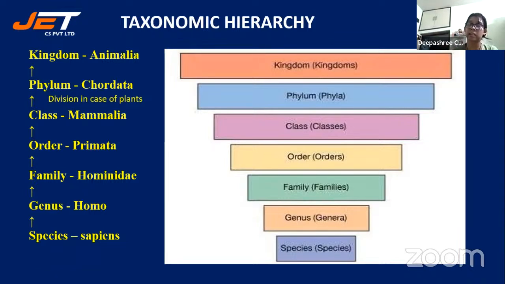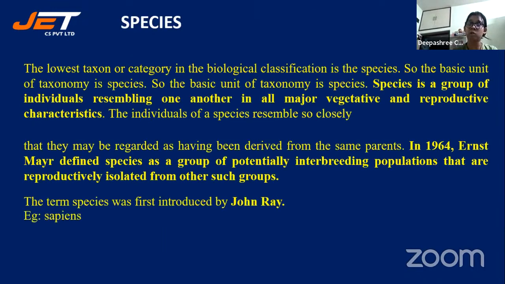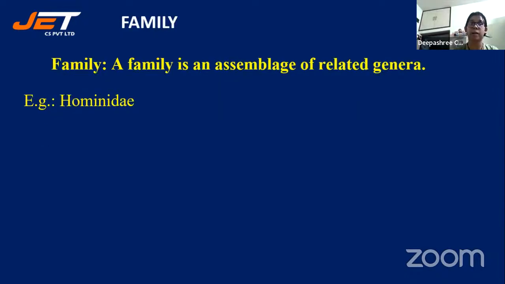That is why the taxonomical hierarchy is so important. If you know these names for two organisms, you can actually differentiate how different these two organisms are, and then you can proceed with genetics to understand how different these organisms are.